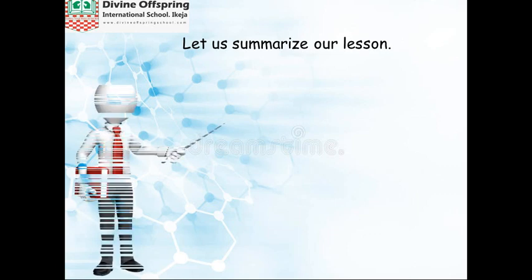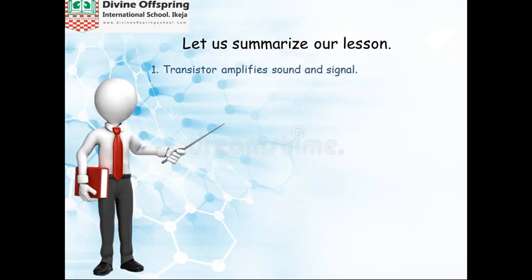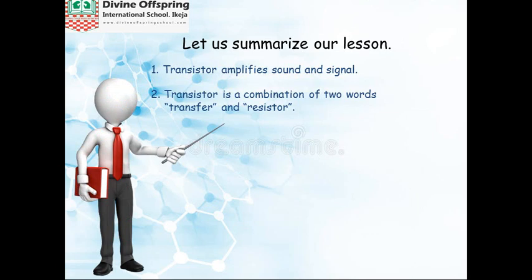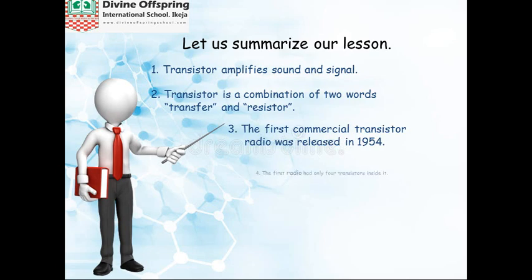A quick summary of today's lesson. Transistors amplify sound and signal. Transistor is a combination of two words, transfer and resistor. The first commercial transistor radio was released in 1954.